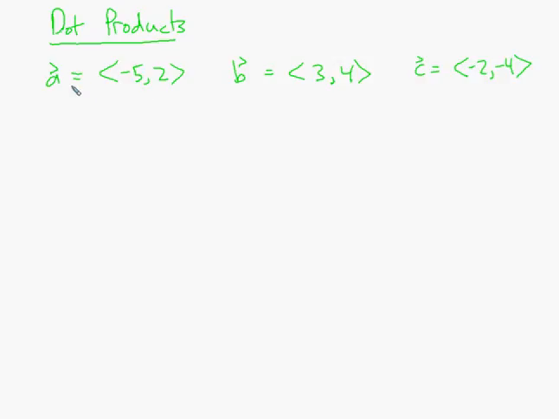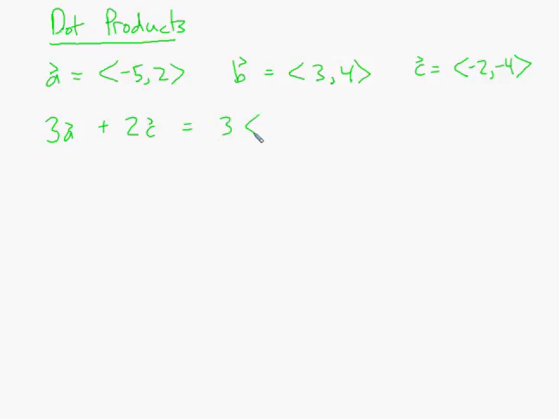So far, as far as actual operations with vectors, we've added them. So I could do something like 3 times vector A plus 2 times vector C. So what would I do?